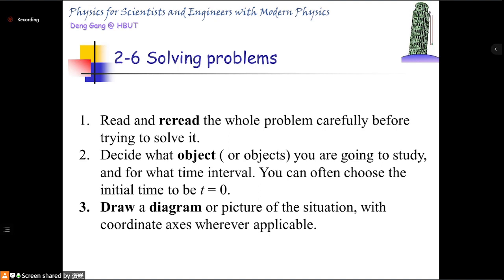So you need to draw a diagram and tell others which direction is positive, so that we can use positive and negative to indicate direction. Positive means the direction of this vector is the same as the direction you choose to be positive. And if you get a negative quantity, that means the direction of this vector is opposite.